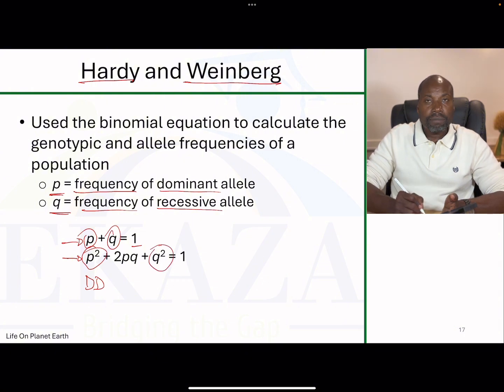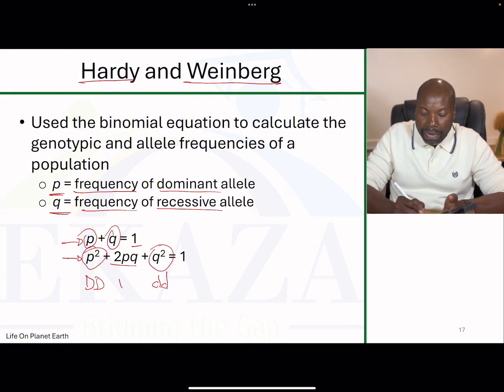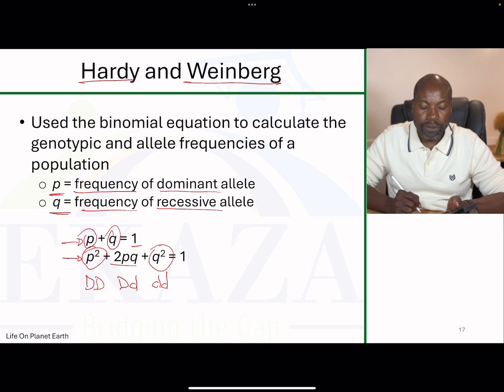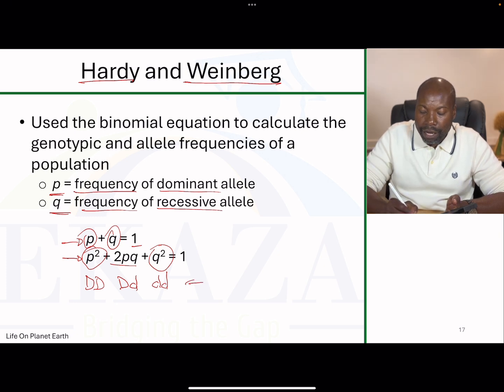Q squared is lowercase d, right? From the previous case study. And finally, heterozygous 2pq is going to be capital D, lowercase d. I want you to remember that, okay?